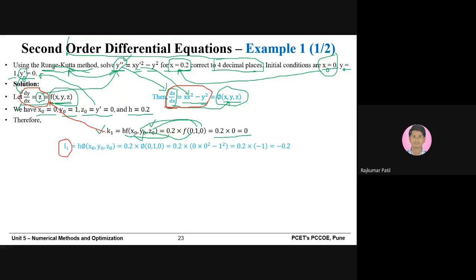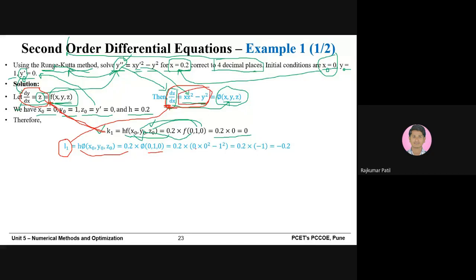So k1 is related to dy by dx is equal to z, and L1 will be related to dz by dx, and again it is equal to h phi of x naught, y naught, and z naught. So h is 0.2, put x naught, y naught, z naught value because it is given, and simplify by putting this value in this equation.